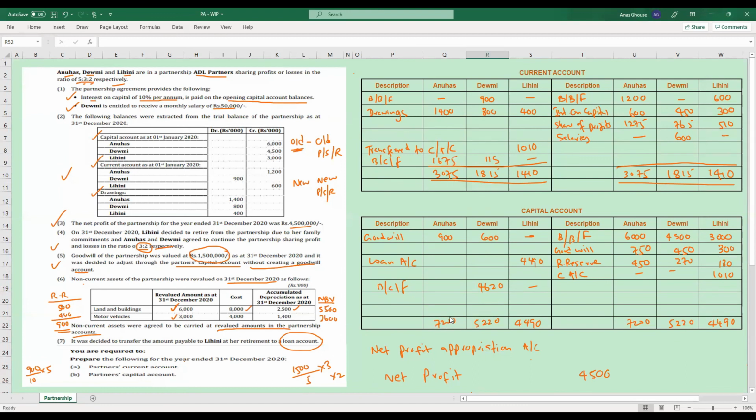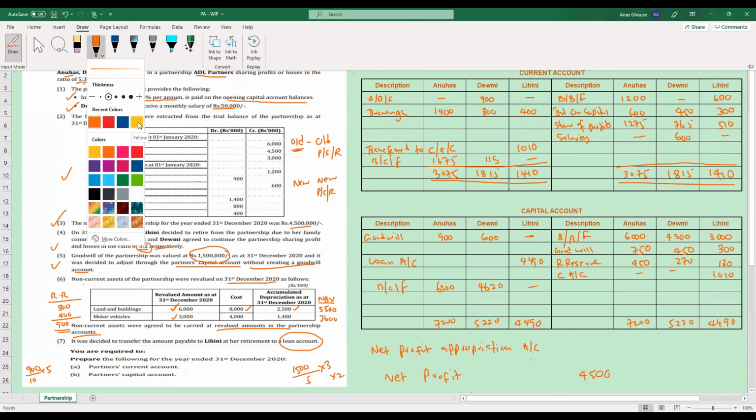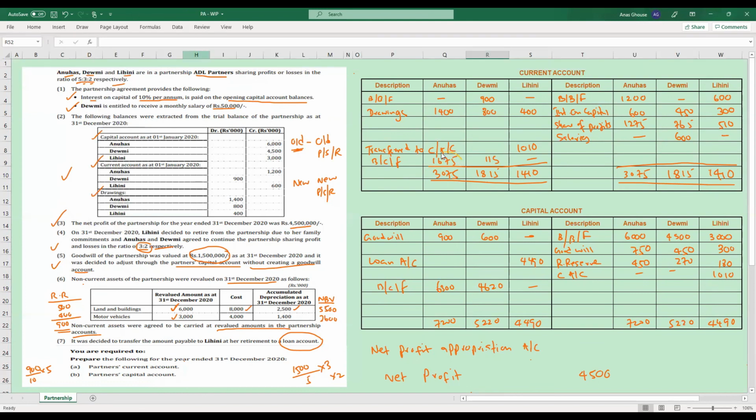The remaining balance will be 6,300,000. So these are the closing balances. The remaining partners will be Anuhas and Devmi, and Lihini's account is transferred to the loan account. So this is the answer for this particular question.